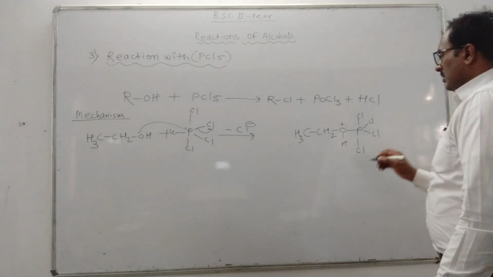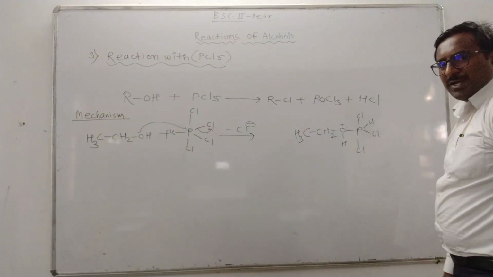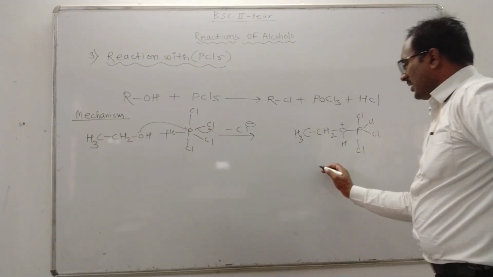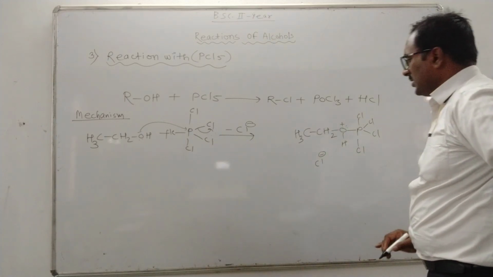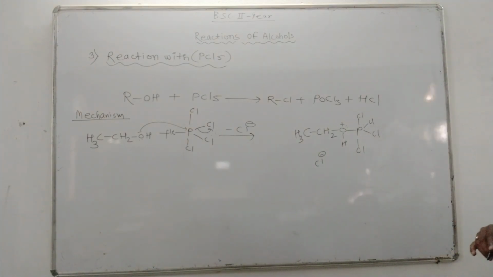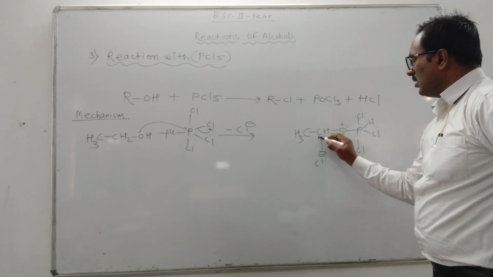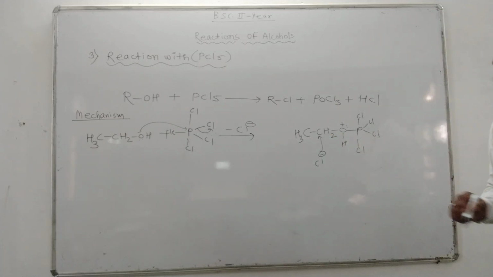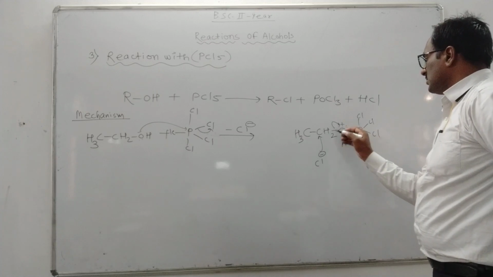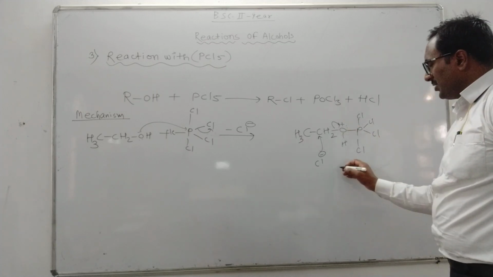Okay. Now what happened? This is an intermediate step. Then Cl minus anion will attack on the carbocation. Okay.